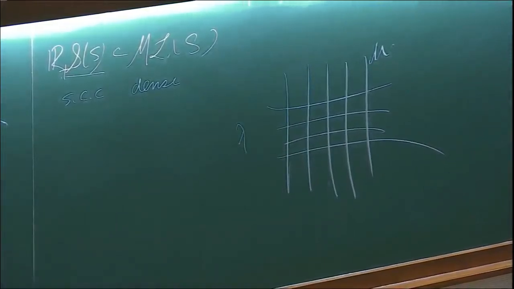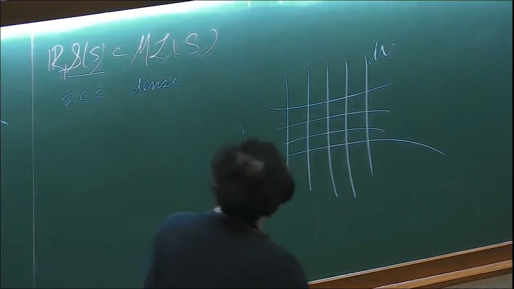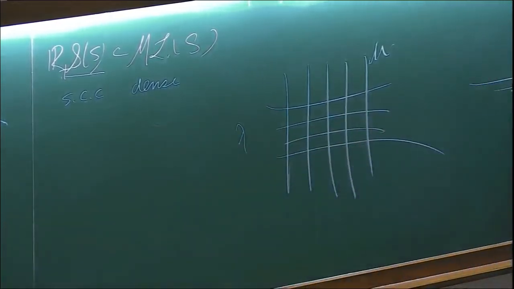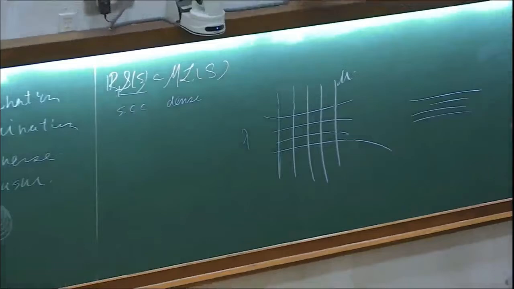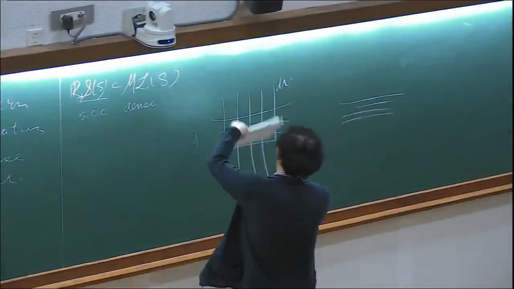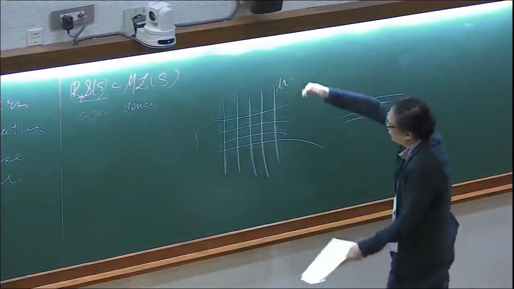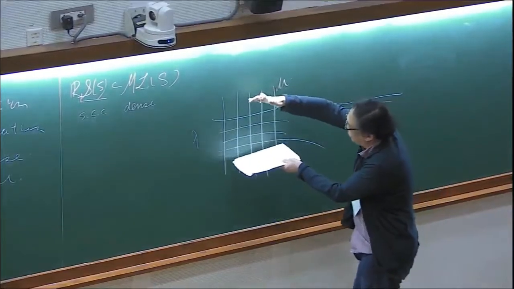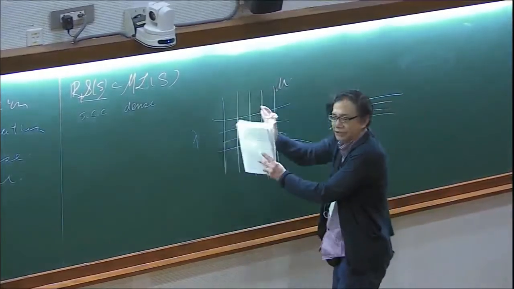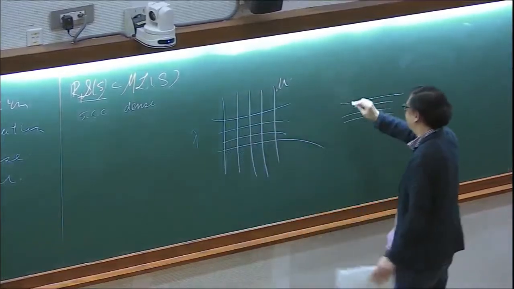And as you move these things by the automorphism phi, one of them is mapped to itself. It's like the map shrinks this direction and expands in that direction.